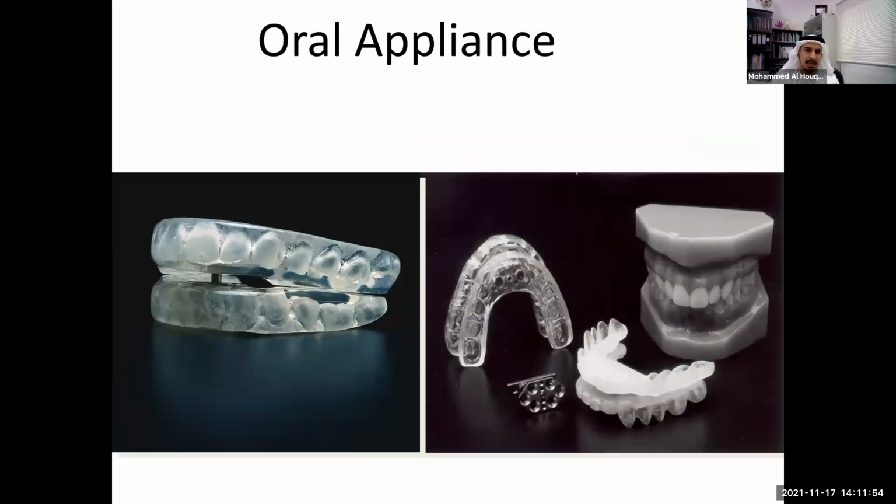We talked about the CPAP titration study. Now moving on, what if patients fail CPAP and we think that he has mild to moderate obstructive sleep apnea? We could consider oral appliances. The idea of oral appliances is that we need to pull the lower mandible forward, and oral appliances have to be custom made.